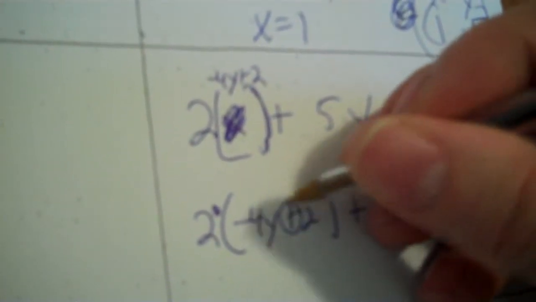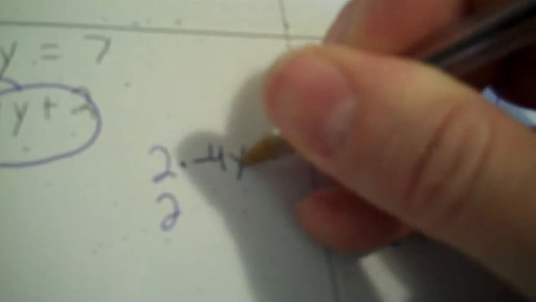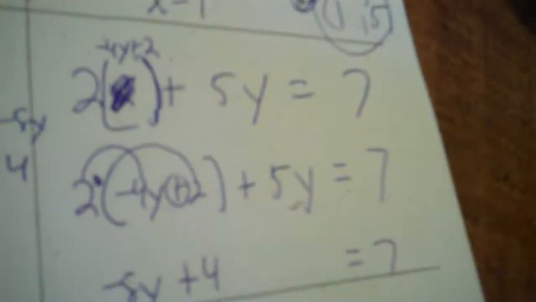So there's the plus, so you distribute 2 to negative 4y, 2 to 2. So that's going to be negative 8y and 4. Drop your plus. Now there's another y, there's plus 5y.